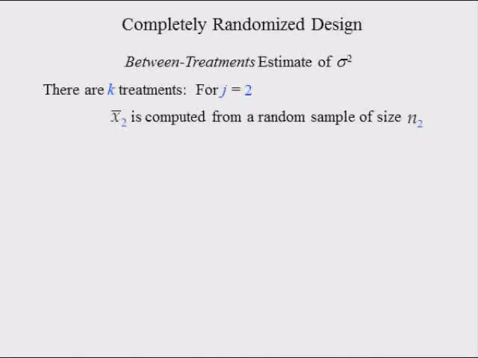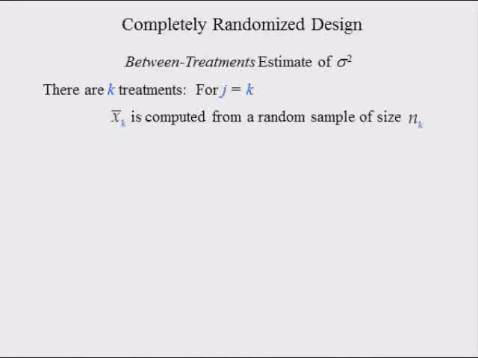X bar 2 is used to estimate the mean from population 2. For the third population, j equals 3. Sample mean x bar 3 is computed from a sample of size n3. X bar 3 is used to estimate the mean from population 3, etc.